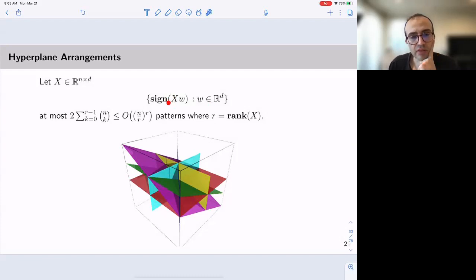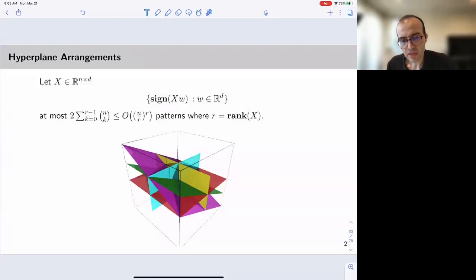This number is actually at most this much, which is bounded by N divided by R to power R. So essentially, if you have hyperplanes with normals x_i, rows of X, these are the number of chambers you can have in this arrangement of planes.